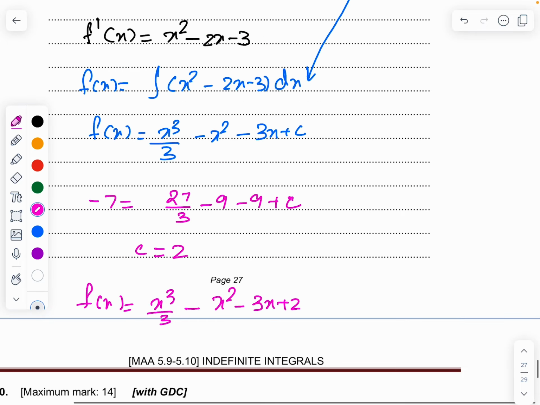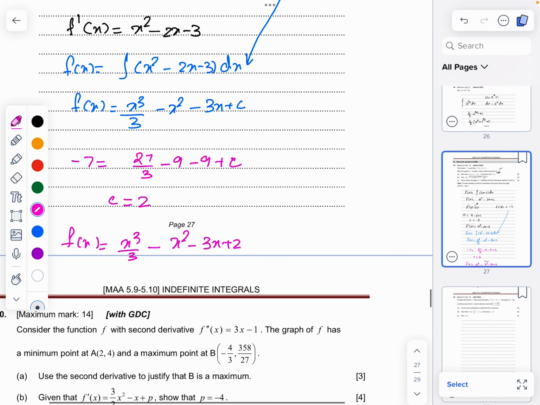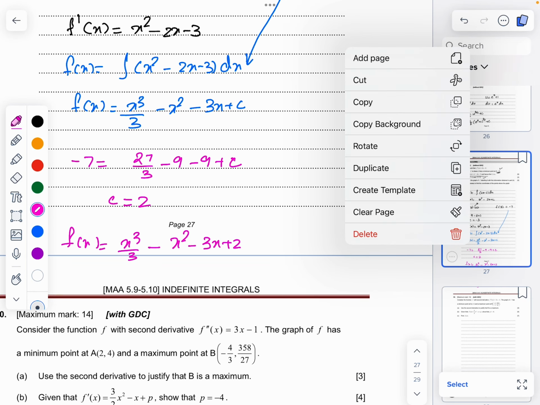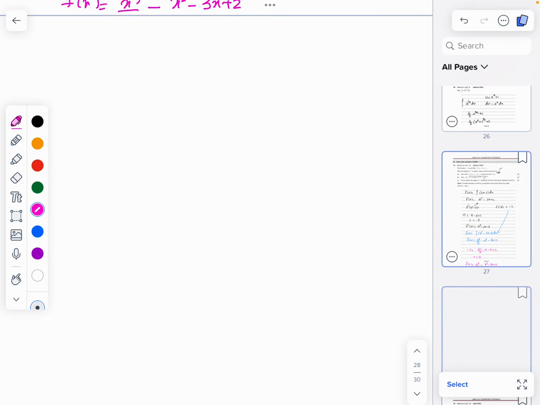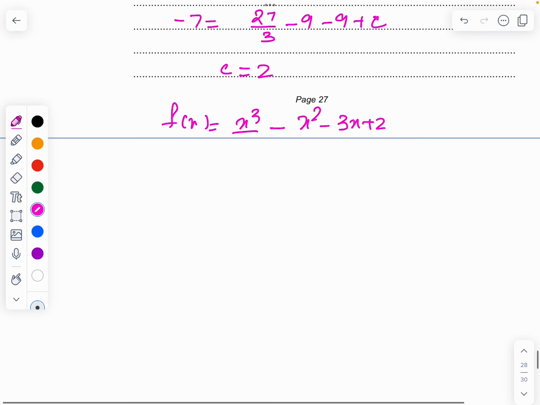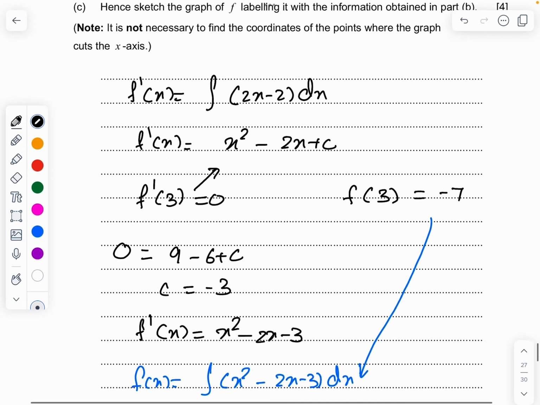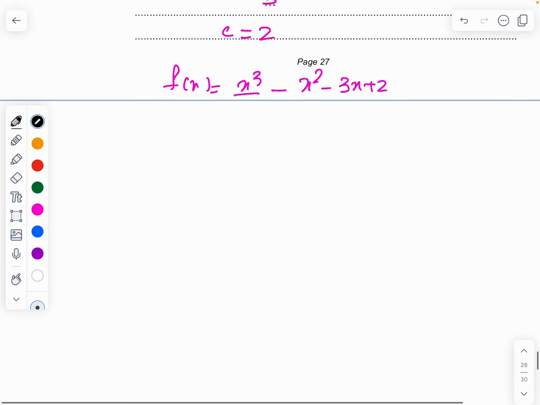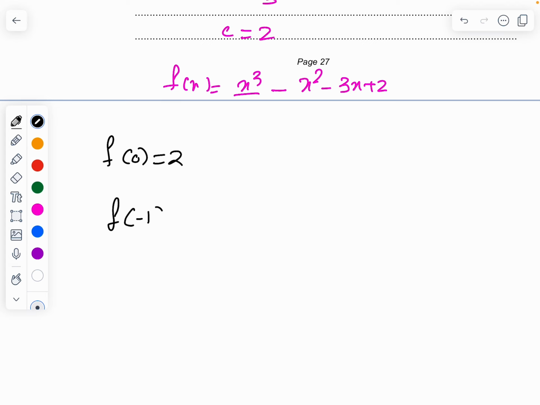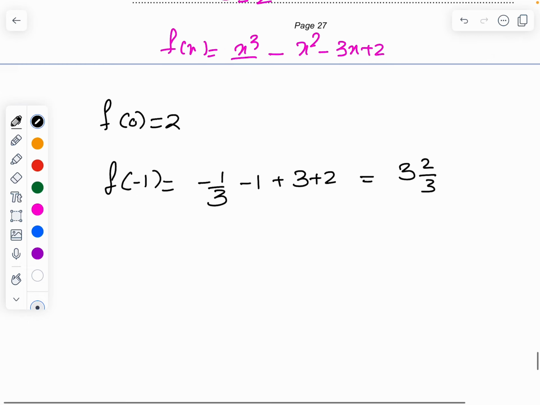Now coming to part B. In part B, find f of 0, f of minus 1 and f prime of minus 1. So just substitute: f of 0 will become 2 and f of minus 1 will become minus 1 upon 3 minus 1 plus 3 plus 2, which is 3 2 upon 3.